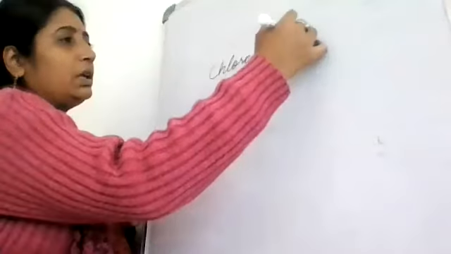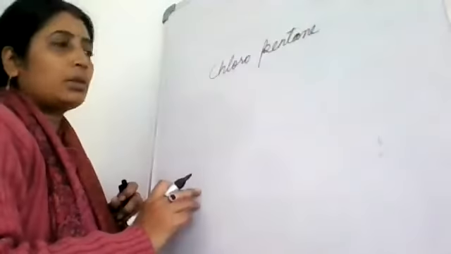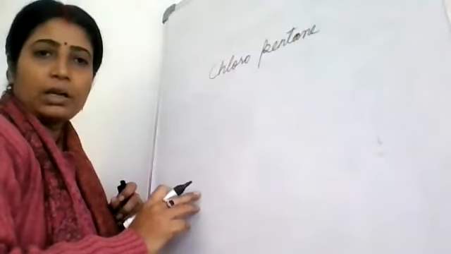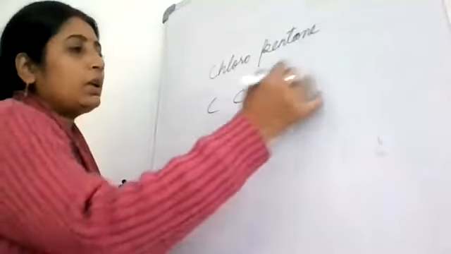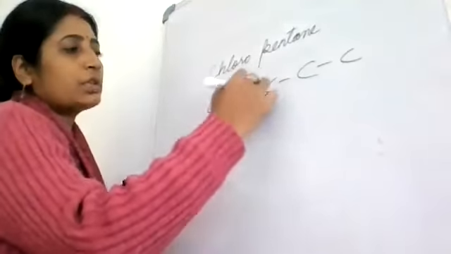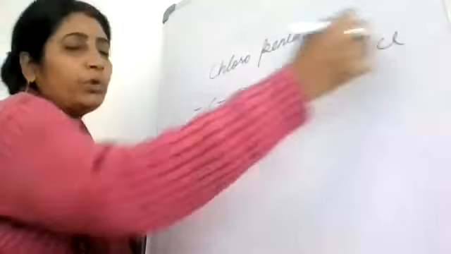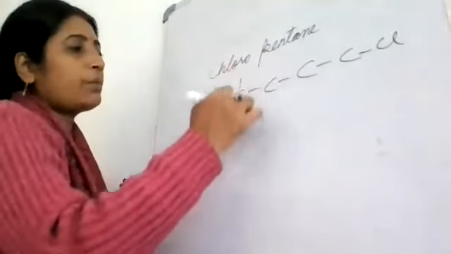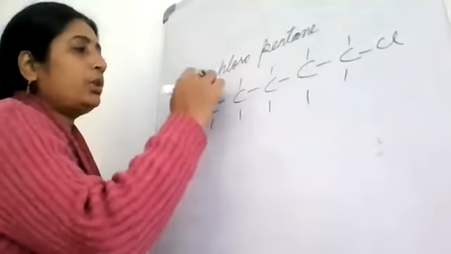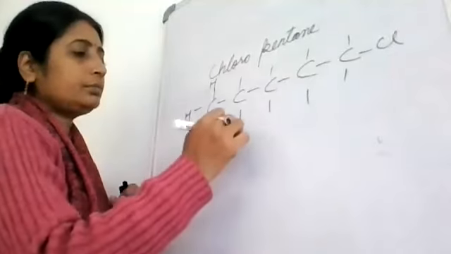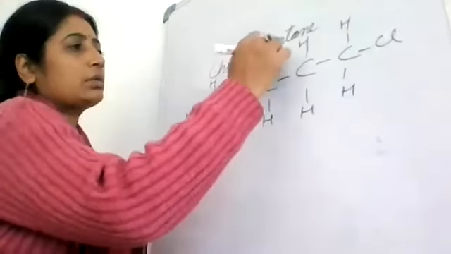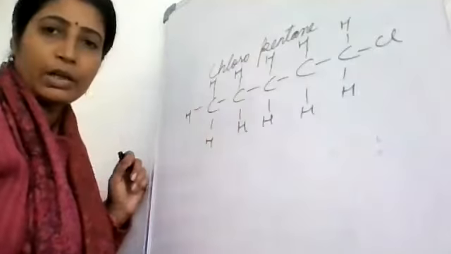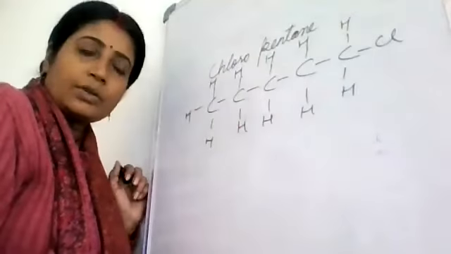When we say chloropentane, pentane means 5 carbon atoms. You will write 5 carbon atoms, put single bond, and then in the end you will put chlorine, and then you will make carbon tetravalent by putting hydrogen. This is chloropentane. In general, it is written like this.